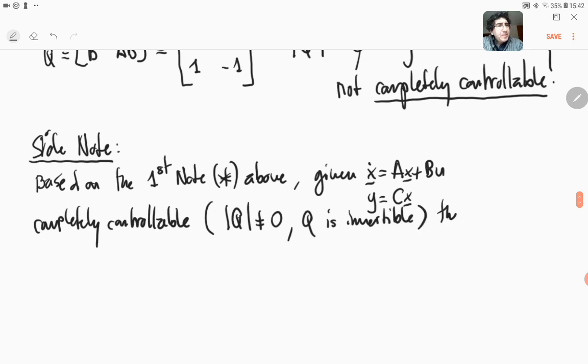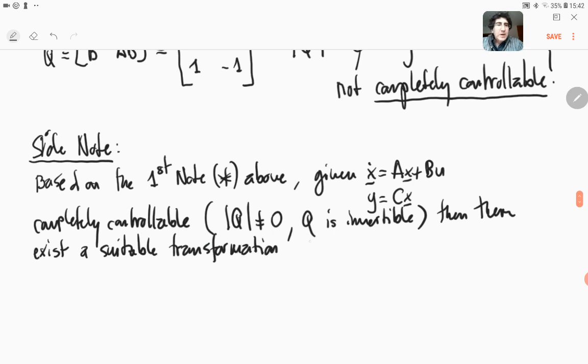Then there exists a suitable transformation of the state given by a P matrix that is invertible.